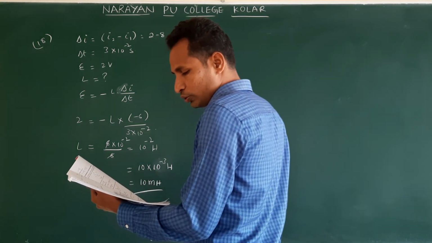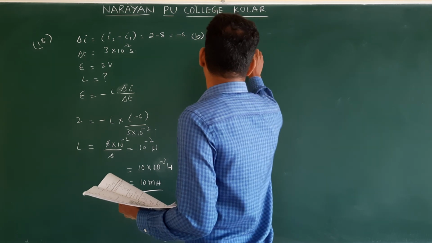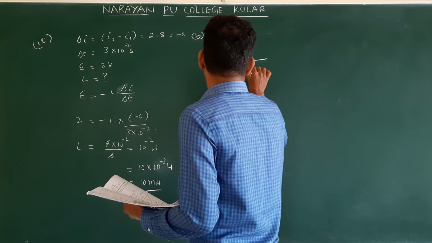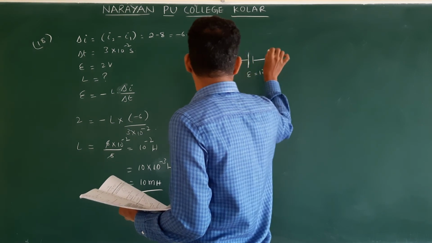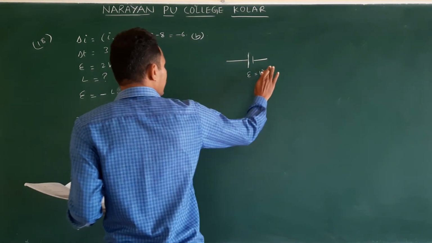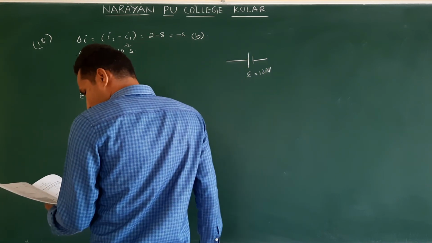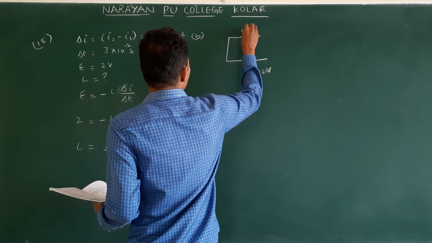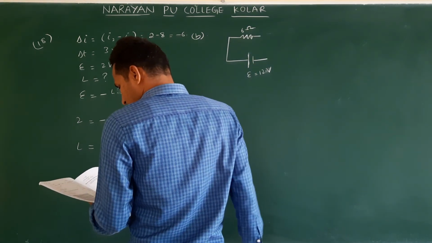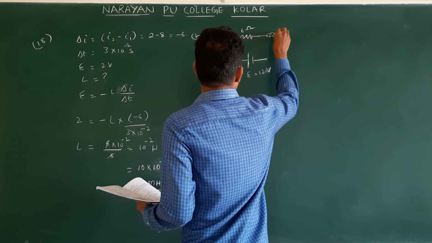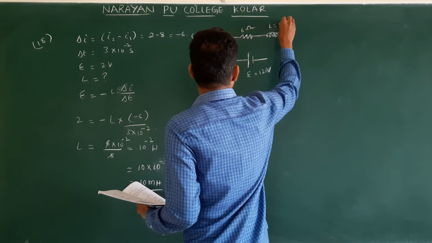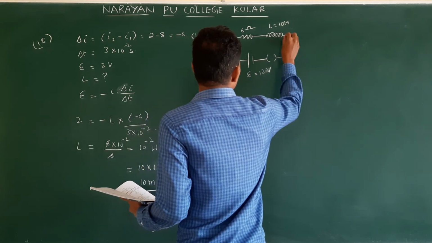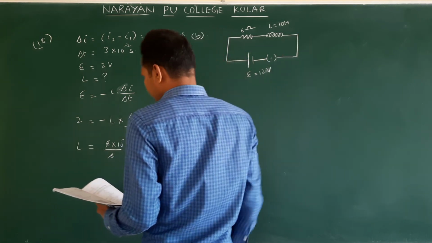So what did they give? 12 volt battery given, E is equal to 12 volts. Clear? Connected to resistor, this is 6 ohm. Next, L self inductance is 10 Henry connected through a switch.